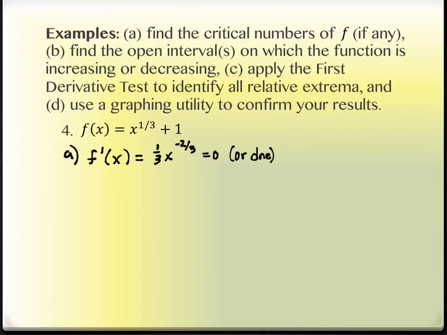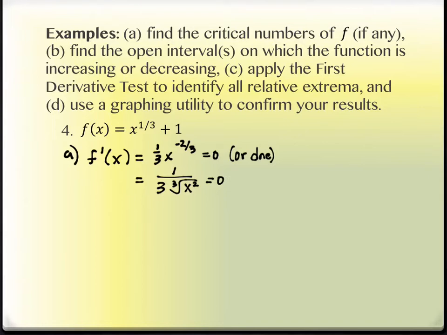So if I rewrite this in maybe a more familiar way, this would be 1/3 times the cube root of x squared. Is that okay with everyone? Algebra rewriting? Cool. So this won't equal 0, and the reason it won't equal 0 is why? Yeah, because there's a 1 on top.